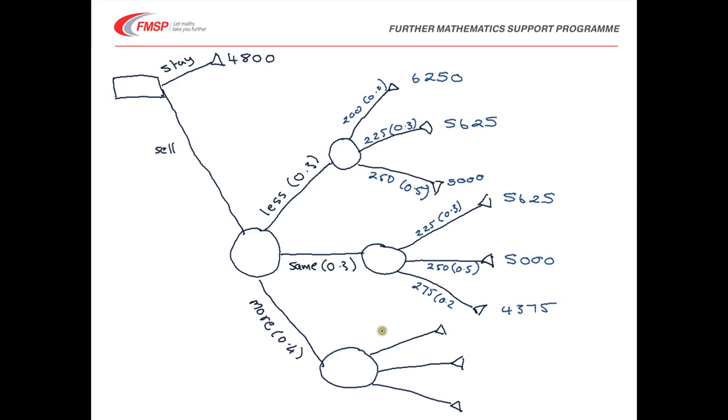And last of all, if things improve, then it's 250, 300 and 350, with probabilities 0.3, 0.5 and 0.2 respectively. And outcomes as we calculated before.